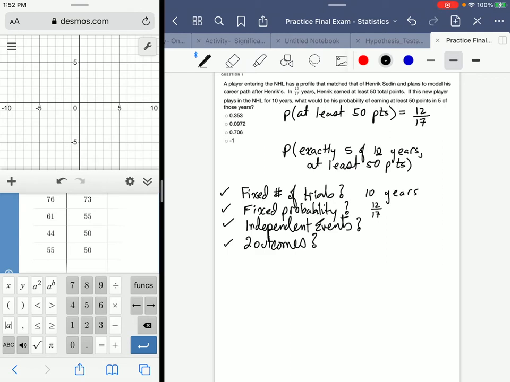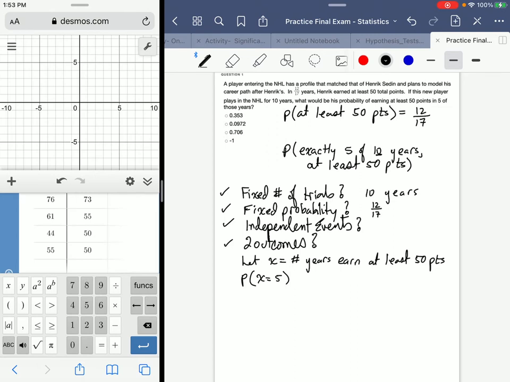So for the probability of getting at least 50 points in 5 of the 10 years, I would say let X be equal to the number of years you earn at least 50 points. So we would be looking for the probability that X is equal to 5.